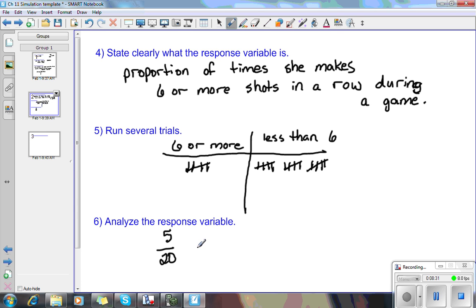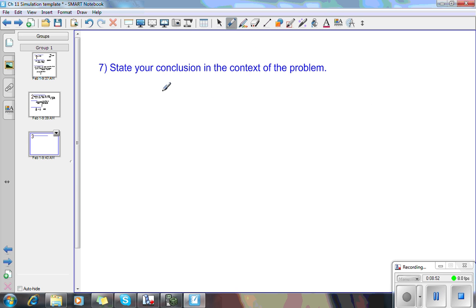According to my simulation, 5 out of 20, or 1/4, so 25% of the time. So I'm simulating games. That's like saying I did 20 trials of 20 shots per game. So 25% of the time, she got 6 or more in a game.